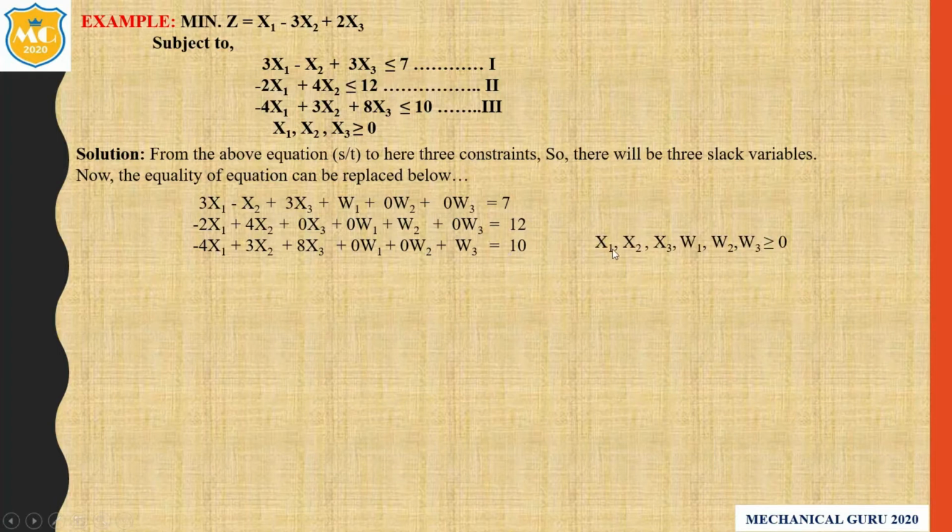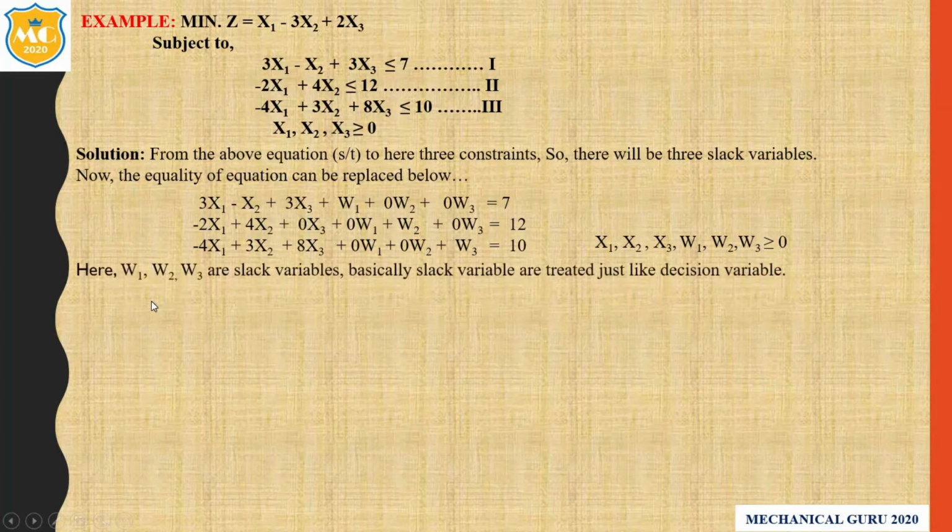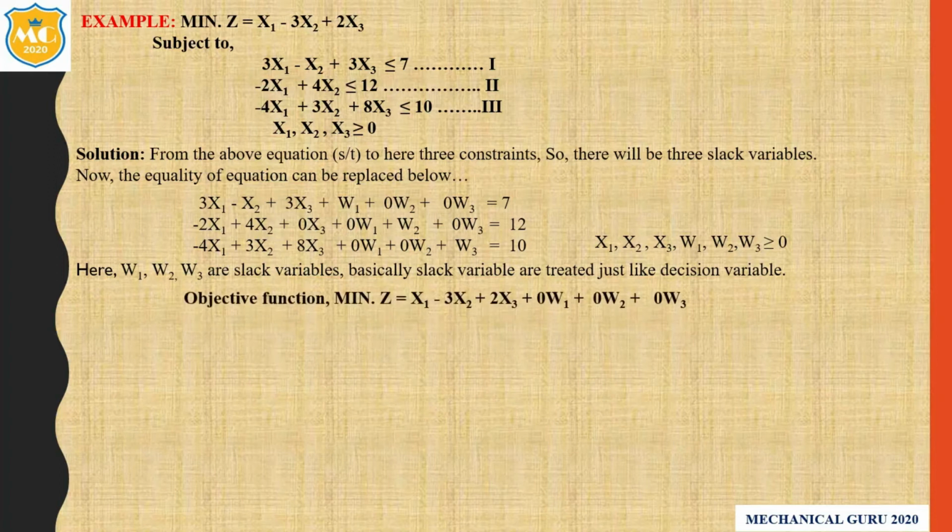All the decision variables and slack variables are greater than or equal to 0. Now we convert the objective function: minimize z = x1 - 3x2 + 2x3 + 0w1 + 0w2 + 0w3. We convert it into simplex tabular form.